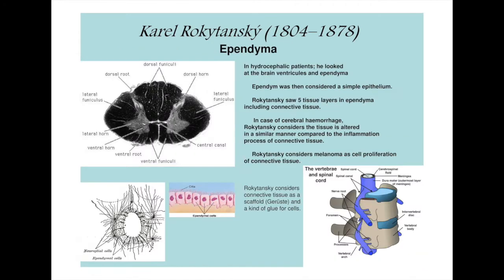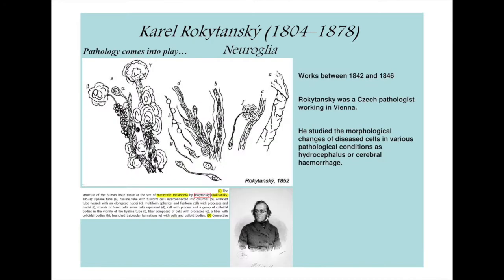He considered the ependyma was altered in some diseased subjects in a manner similar to an inflammation process as generally seen in connective tissues. Rokitansky convinced himself that the ependyma was thus not an epithelium but a kind of connective tissue, that is, a scaffold or a kind of glue between nerve cells, since nerve cells occurred inside the ependyma tissue.